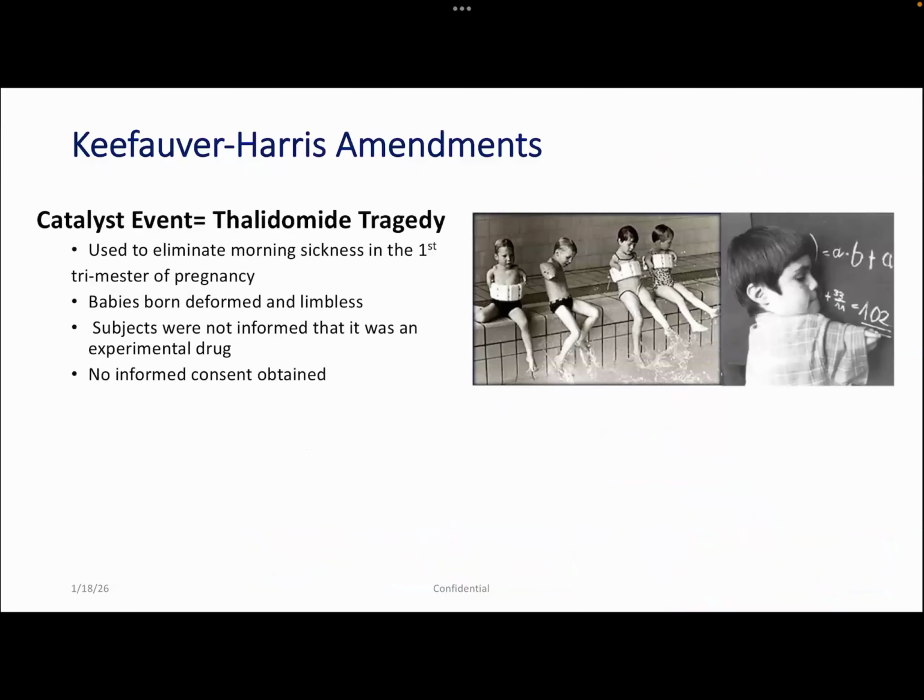Now, this is another Kefauver-Harris amendment. Why did this happen? This was the thalidomide tragedy. This in itself gave birth to pharmacovigilance in a way. So what happened is that there was a drug under experiment, under research, especially in Europe.